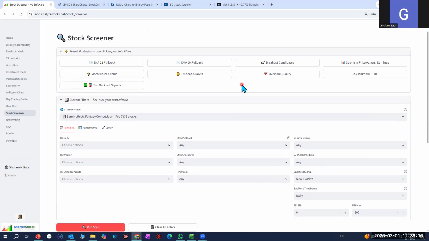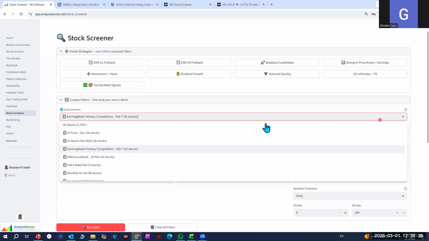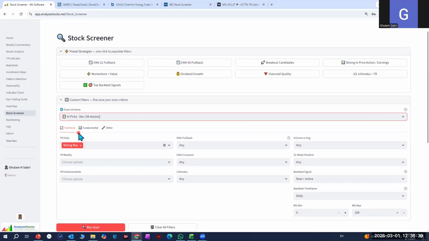In this way, we have different pre-built strategies here. But for example, I want a new strong buy signal for my watch list, maybe my investment ideas, maybe my AI picks list.